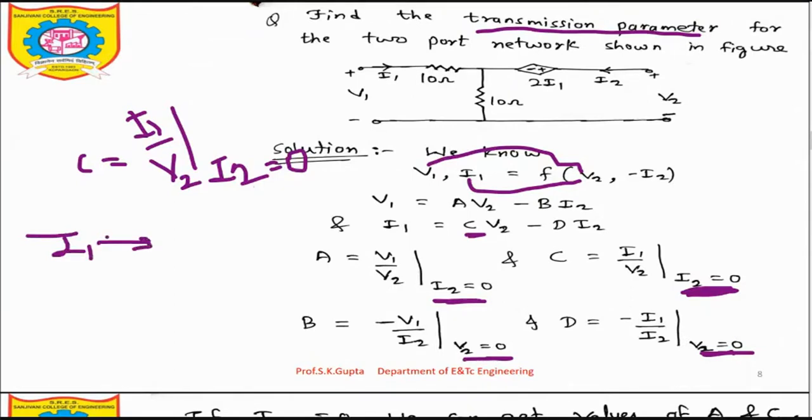Then this relationship I cannot use when finding B and D, because when finding B and D the condition is different. We are making V2 equal to 0. So I cannot use this relationship while finding B and D.